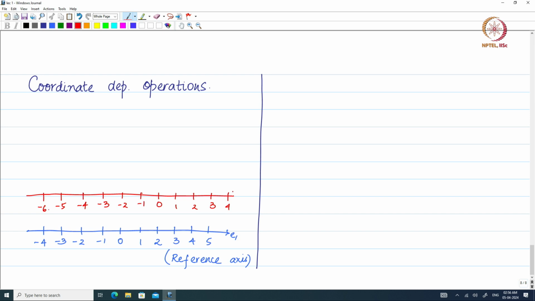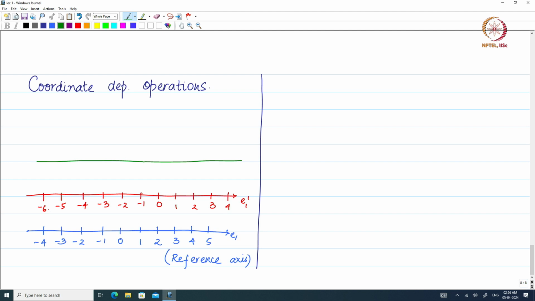So, this is going to be my E1 prime axis, which is shifted from the reference axis by 2, and let me have one more axis where I am going to shift my origin to, let us say, -1.